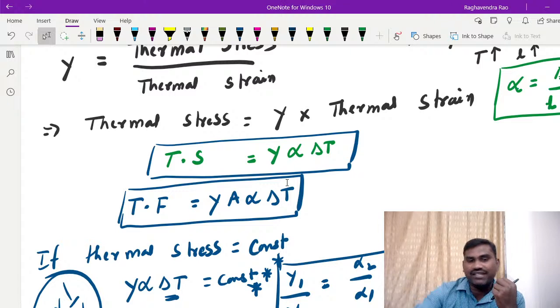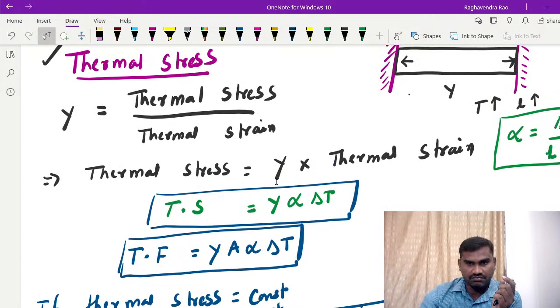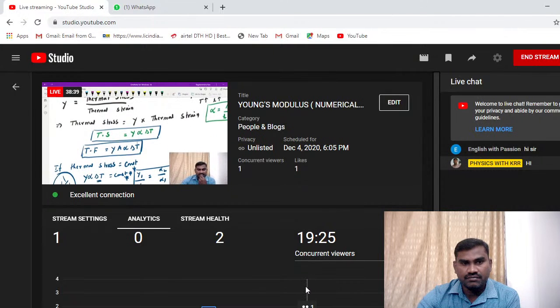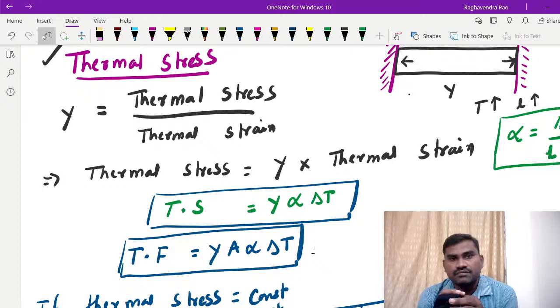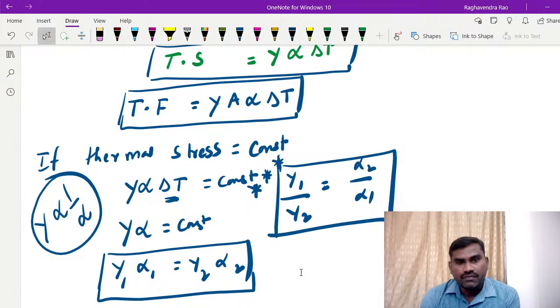So thermal force will be equal to Y A alpha delta T. For the same thermal stress at the same rise in temperature, Y1 alpha 1 is equal to Y2 alpha 2.